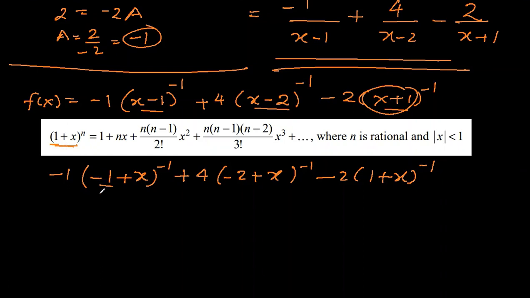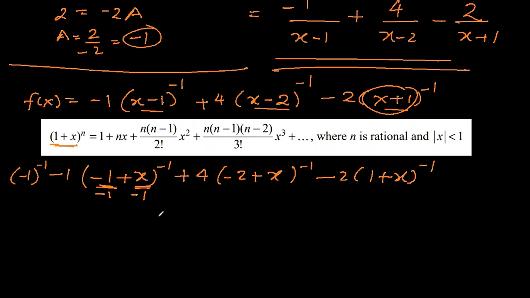We 100% want a plus 1 here, not a minus 1. So what will I do? I will divide this by -1. I will have to divide this also by -1, and outside we will multiply by (-1)^(-1). Let's try to understand what I did here. Whatever number I divide both of them with, which is -1 in this case, the same number is multiplied outside also, as a numerator with this exponent, though it is not going to make any difference here.